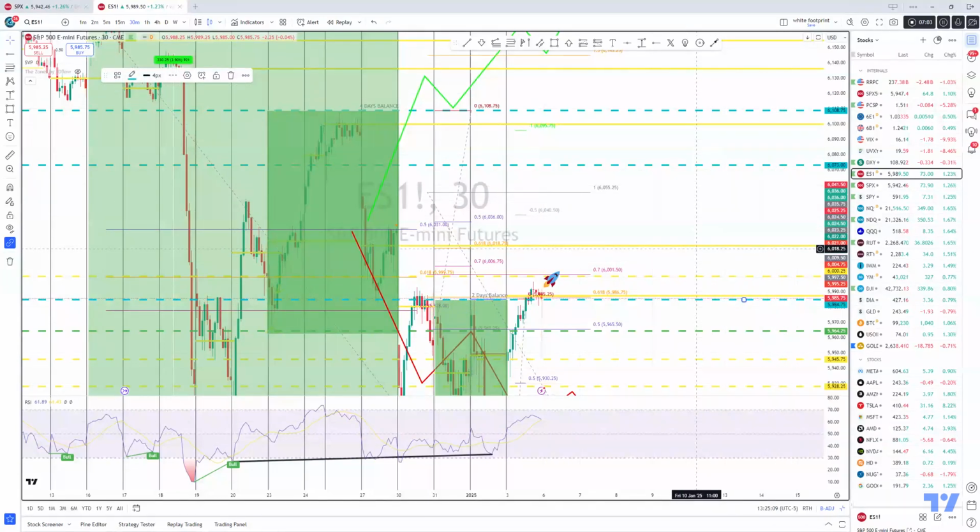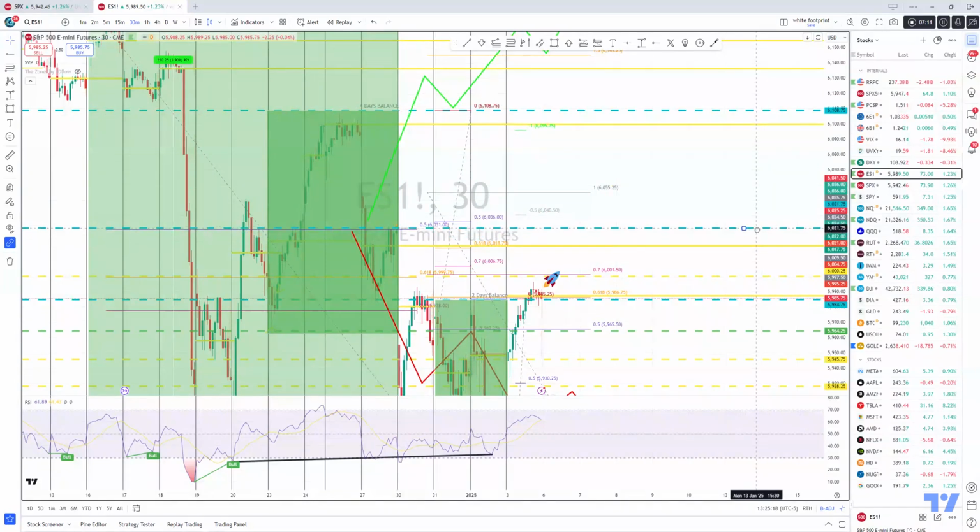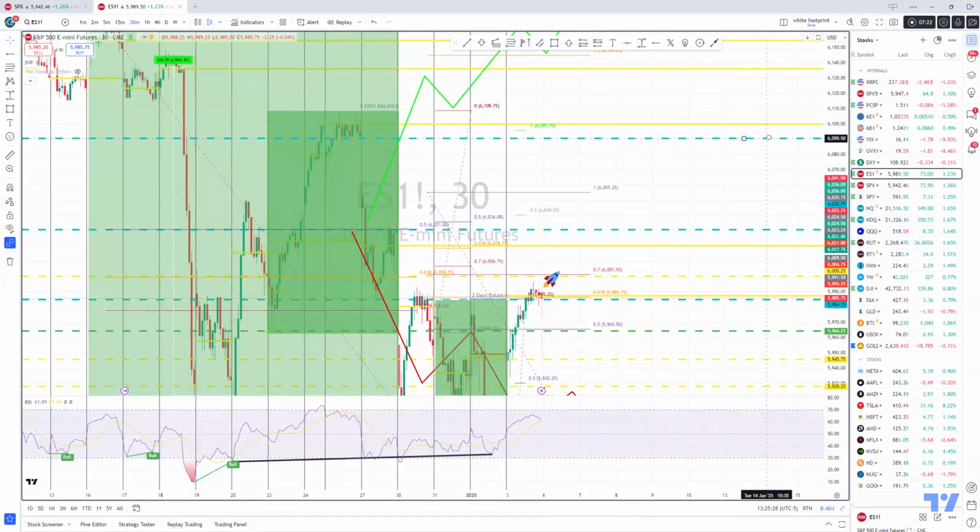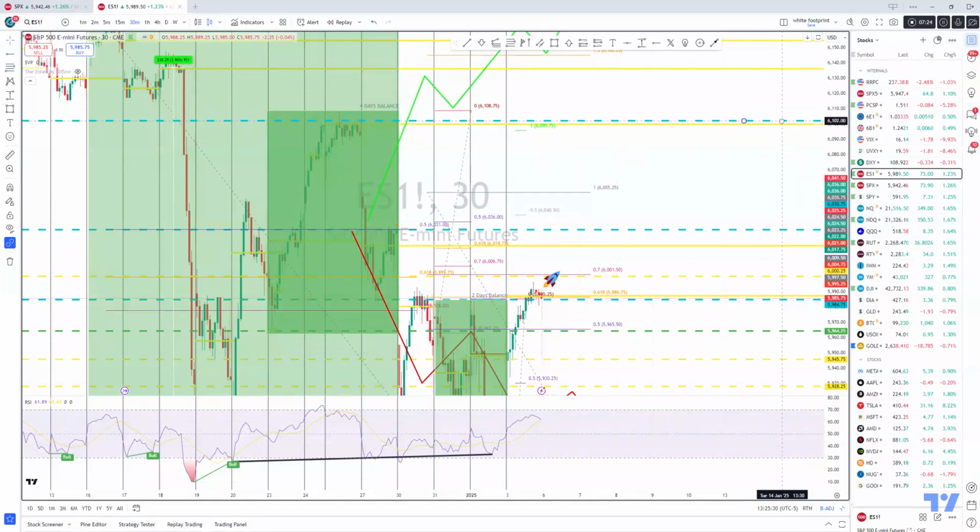We'll have a POC here, or the 50% of the previous balance, that's going to be our target number two, this area from 20 to 30. So we're going to put it right around 30. And then target number three, we're going to target the high of the previous balance.